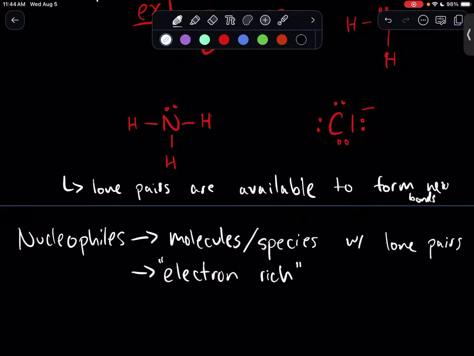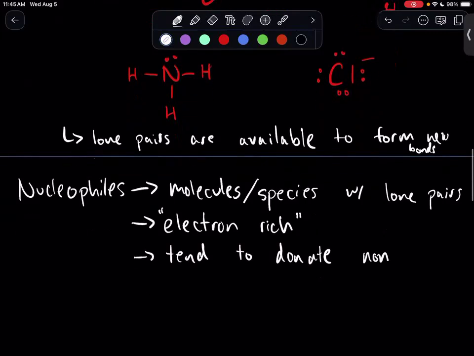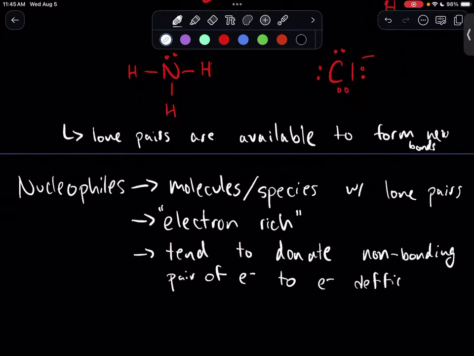So we refer to them as electron rich because they have that non-bonding pair of electrons. In fact, they will tend to donate a non-bonding pair of electrons to electron deficient species to form a new bond.